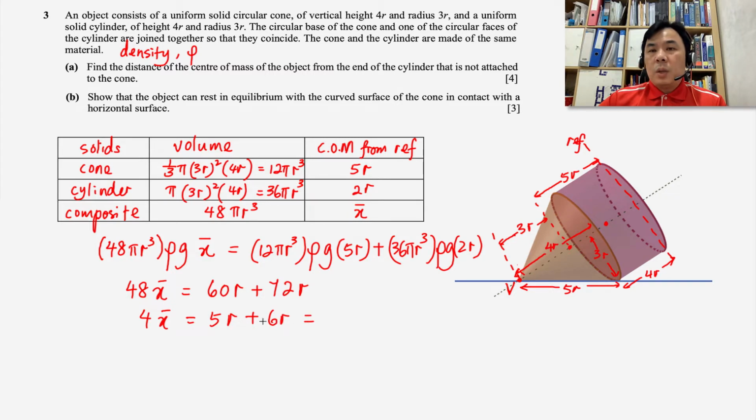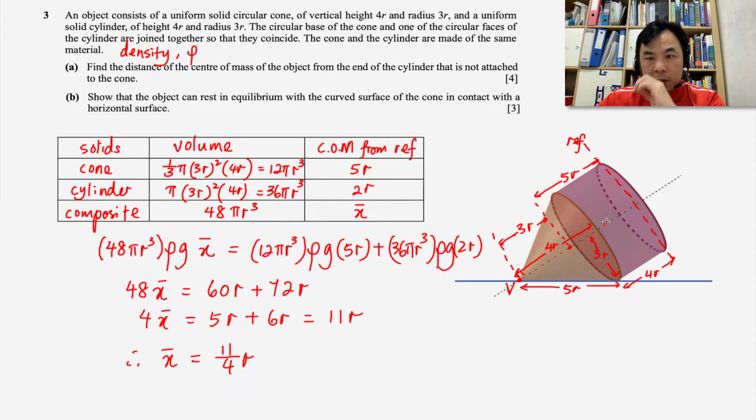Of course, these two you can combine as 11r. Therefore, the center of mass of this composite solid is located at 11 over 4 r. 11 over 4 r is around 2 point something r. That should be located somewhere here.